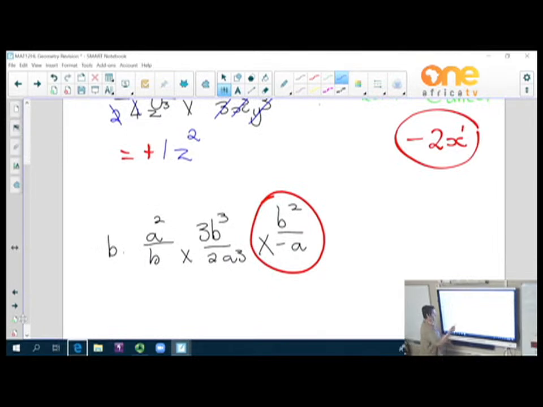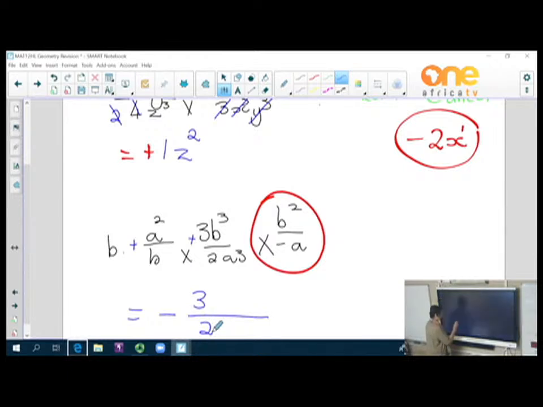Right, number B. Here I've done step number 1 for you. It was divide, and when we divide, we multiply with a reciprocal. That's my step 1. If I look at my signs here, it's a positive times a negative, so the answer is going to be a negative. Now the numbers, the 3 and the 2: we cannot cancel or divide anything there, so we keep it as 3 over 2. Nothing can cancel. Now the indices.